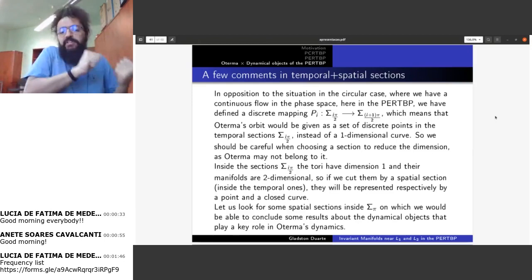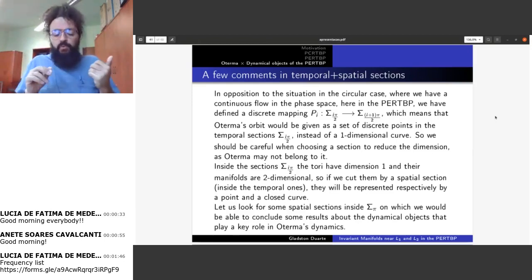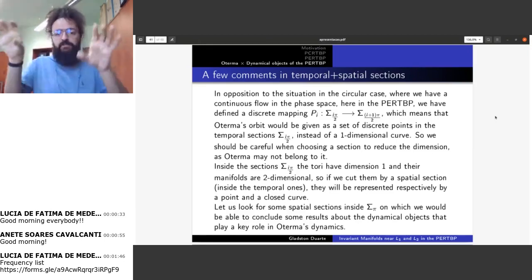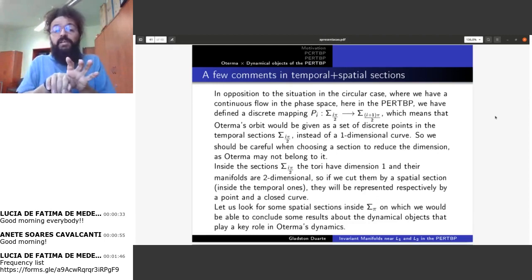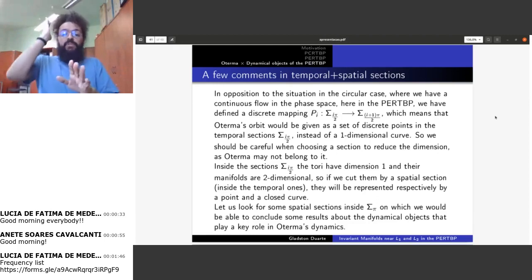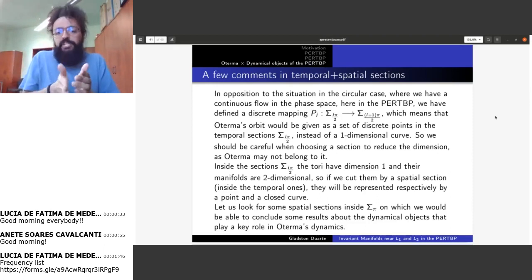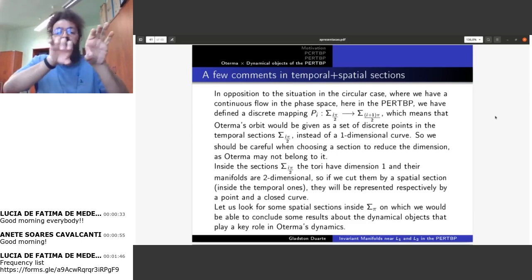Before, when we were in the circular problem, we defined everything. So these are the manifolds, and let's see how they behave, how they interact with each other. And then we cut it. We defined a spatial point intersection, to see if they intersect.